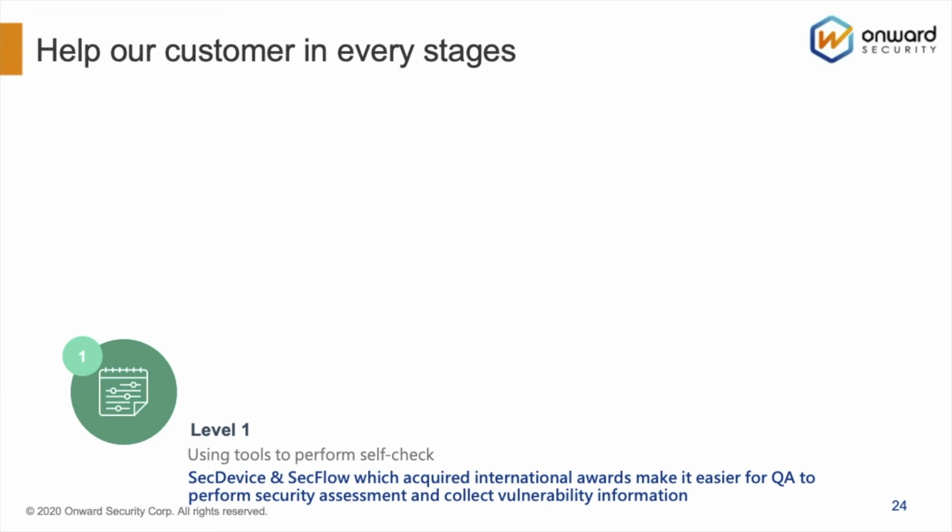And SecDevice can integrate host scanning, web application scanning, and fuzzing tests. So for the QA team, you can use our web interface to easily set up projects, start the scanning, and check the scanning results with SecDevice.